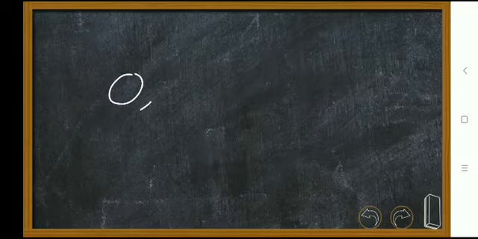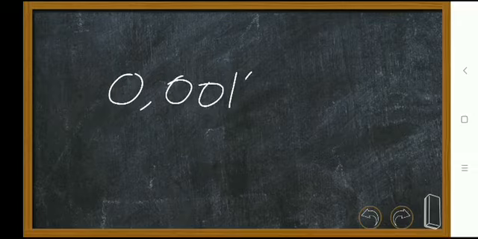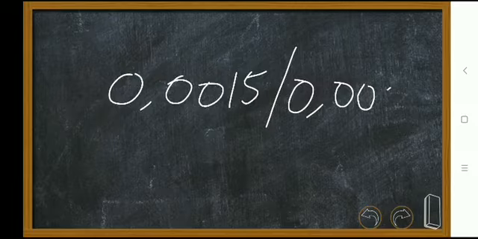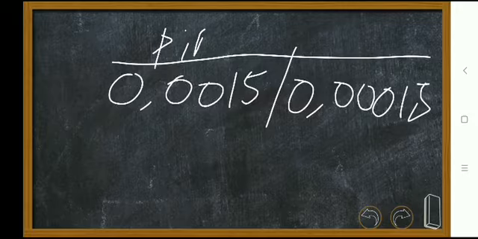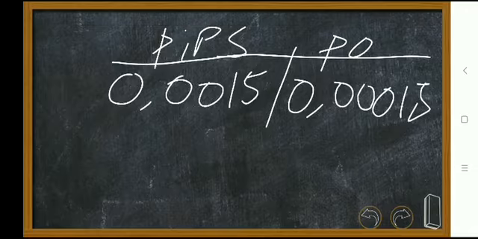So let's step things up a notch. Those are 15 pips, and those are 15 points. Let's do this in a table format. Pips, points.